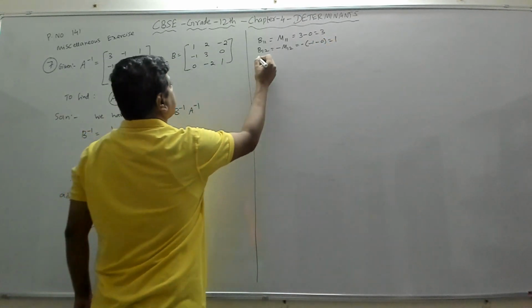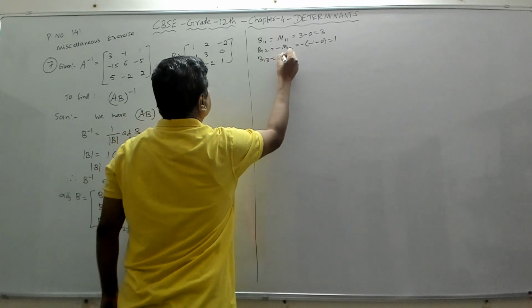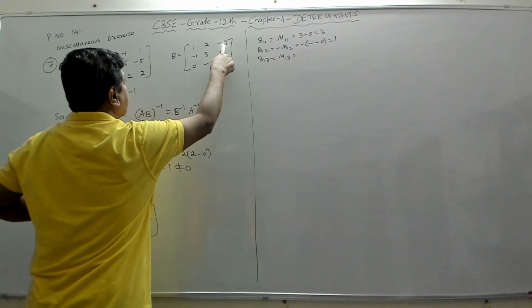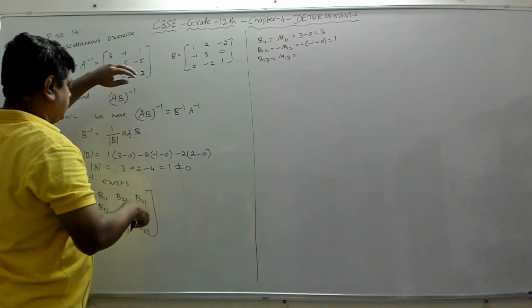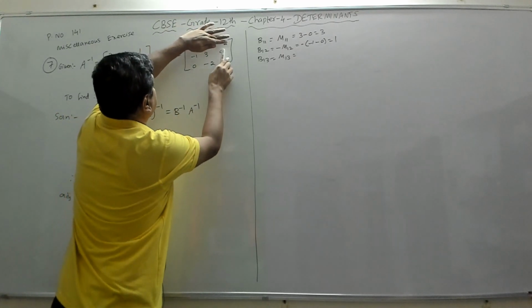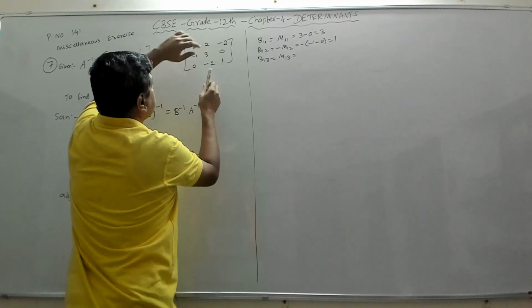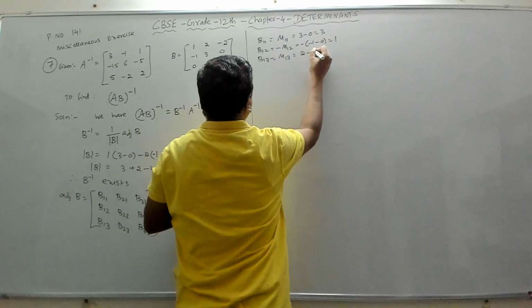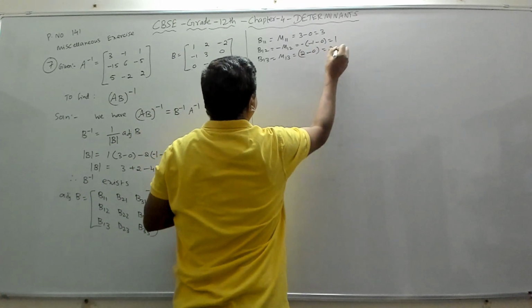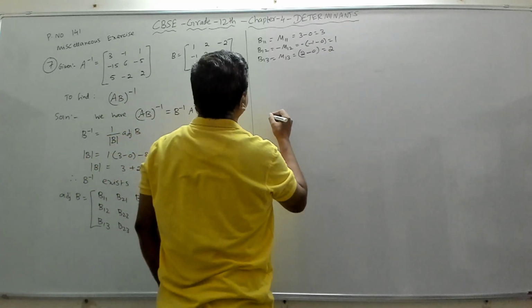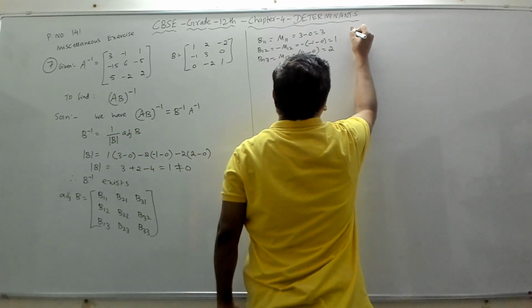Then B13. B13 is M13. Take this element, then close this row and this column. So 1 into 2 is 2, then 0 into 3 is 0, which will give you 2. So we have found B11, B12, B13. Now let's find B21.